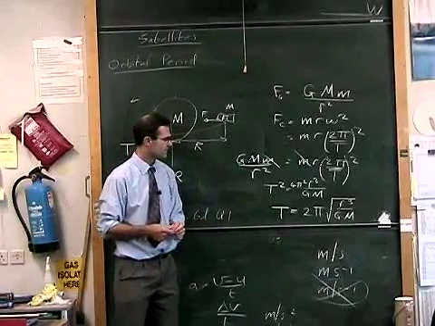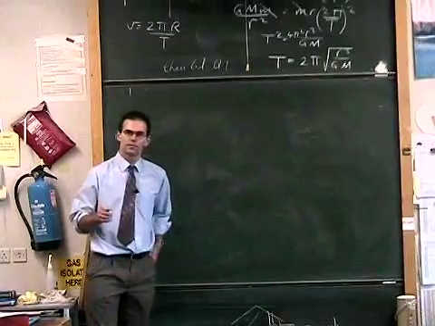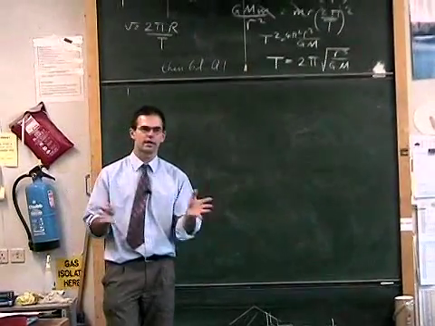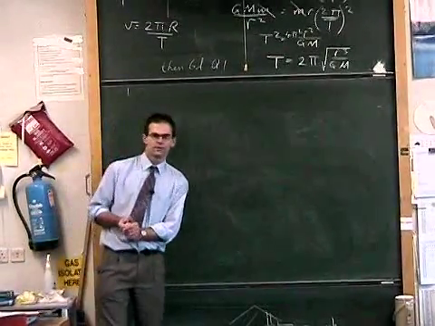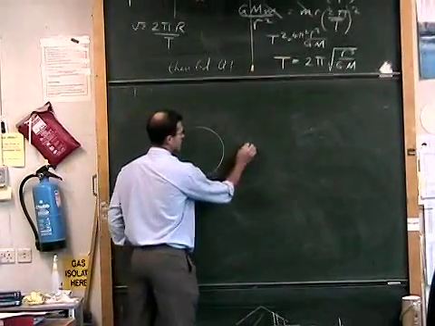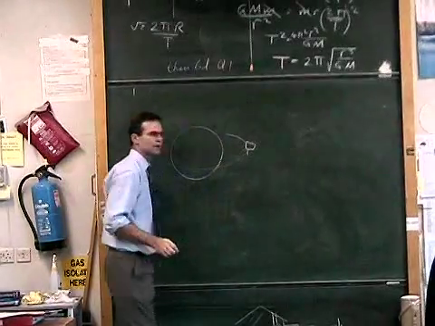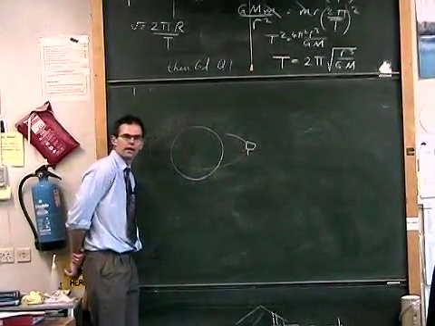Okay. So the next thing you need to be able to work out is what the energy of a satellite is. That's kind of an easy thing, you think. So if you've got a planet with a satellite orbiting it, going around like that, what kind of energy is it going to have?